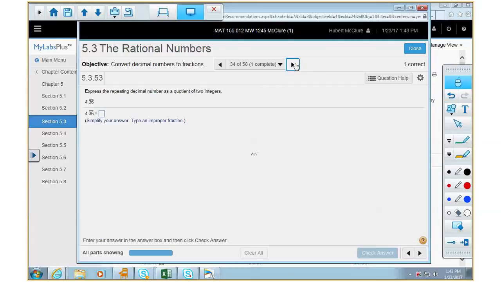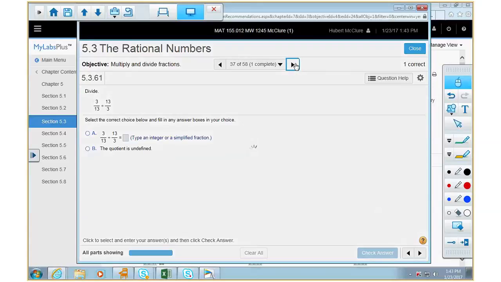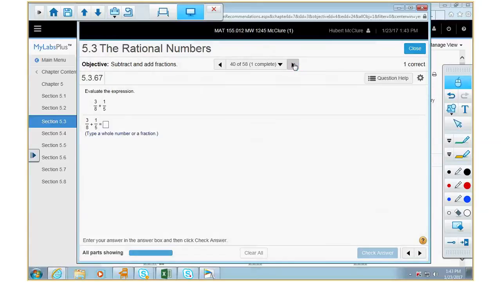I'll show you how to do those Thursday. I'm not really worried about it. Where's the adding and subtracting? There we go.